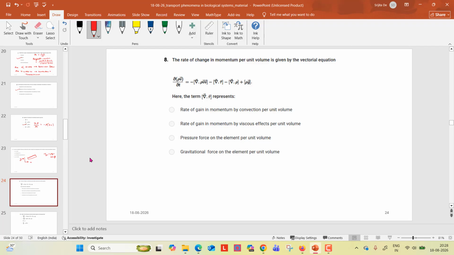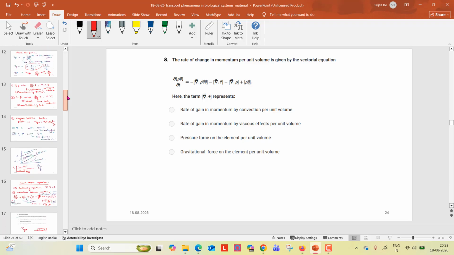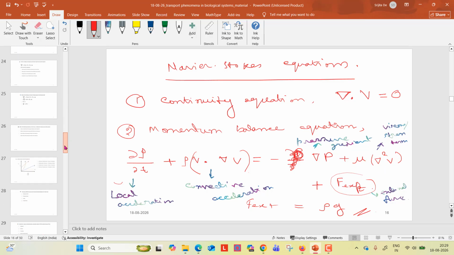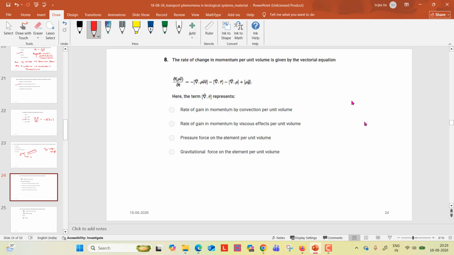The rate of change of momentum per unit volume is given by the vectorial equation this. So in the Navier-Stokes equation I have shown you, this is the most expressed term, right? But this is coming from the stress term. We have seen that viscous term or the stress term, right? So it is asked about this term.